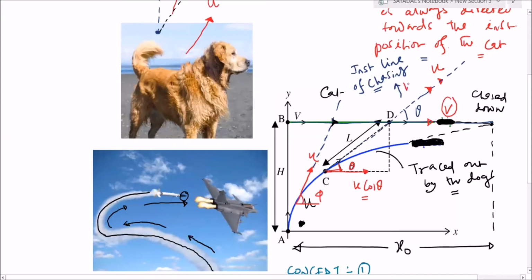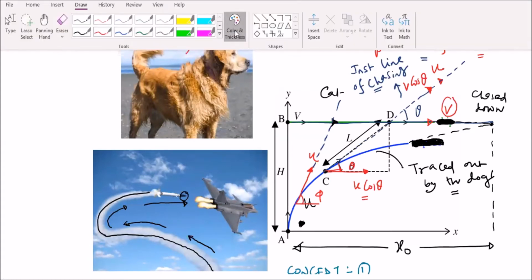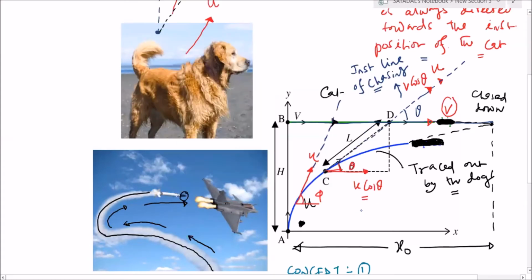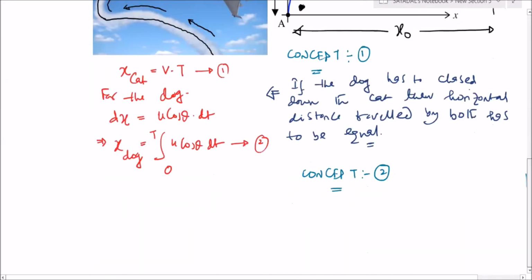It will be simply v cos theta. Is this point clear or not? Now you tell me. Along this instantaneous line of chasing, I will note down this point here.